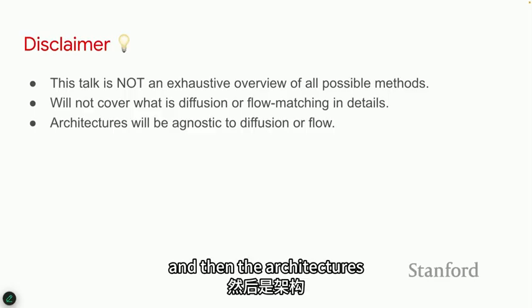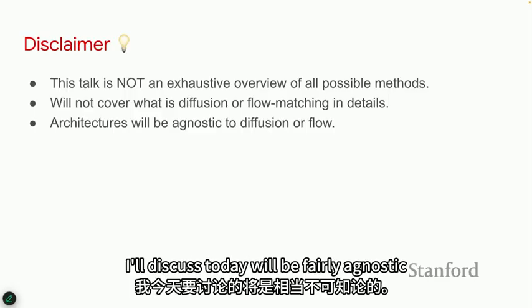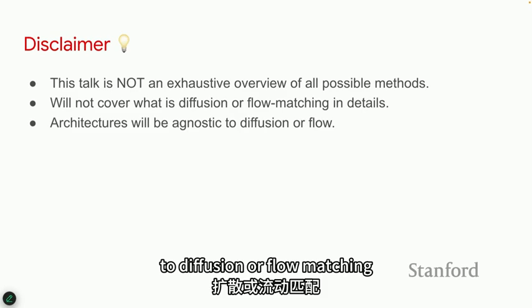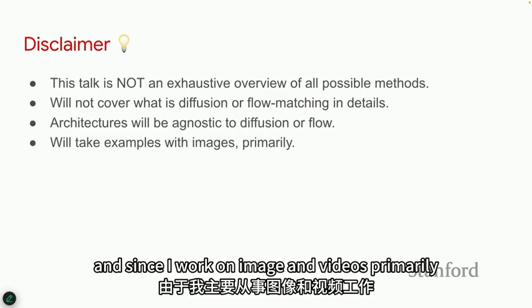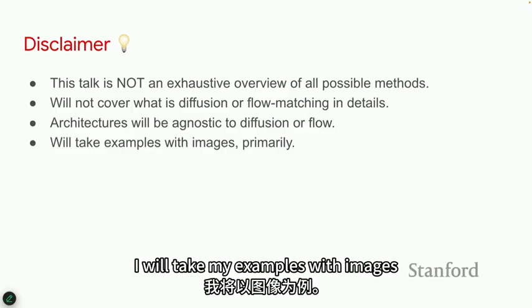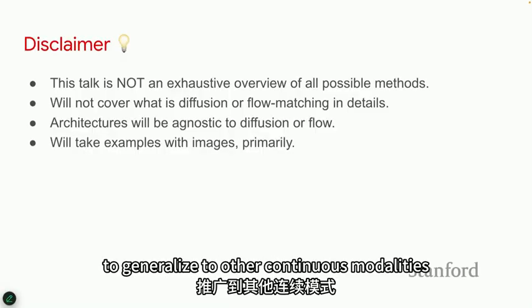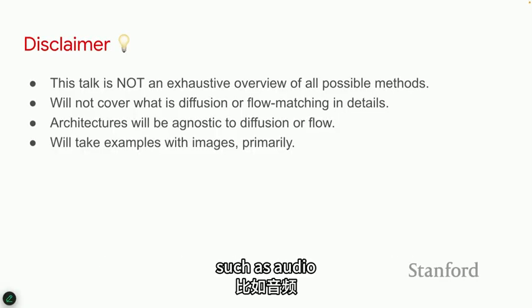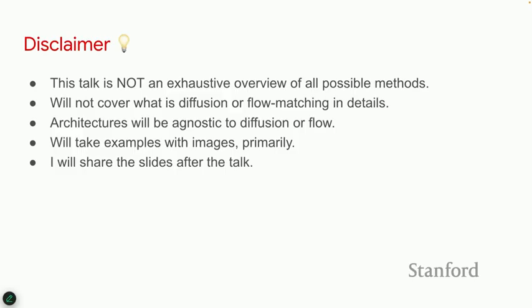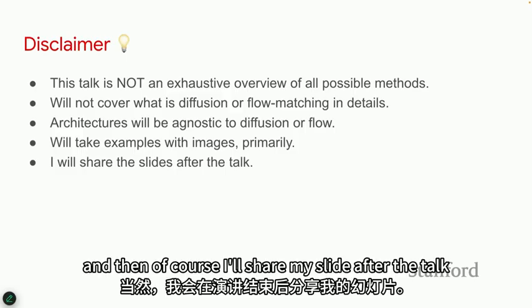The architectures I'll discuss today will be fairly agnostic to diffusion or flow matching. Since I work on images and videos primarily, I will take my examples with images, but just know that these architectures are fairly well known to generalize to other continuous modalities such as audio. And of course, I'll share my slides after the talk.